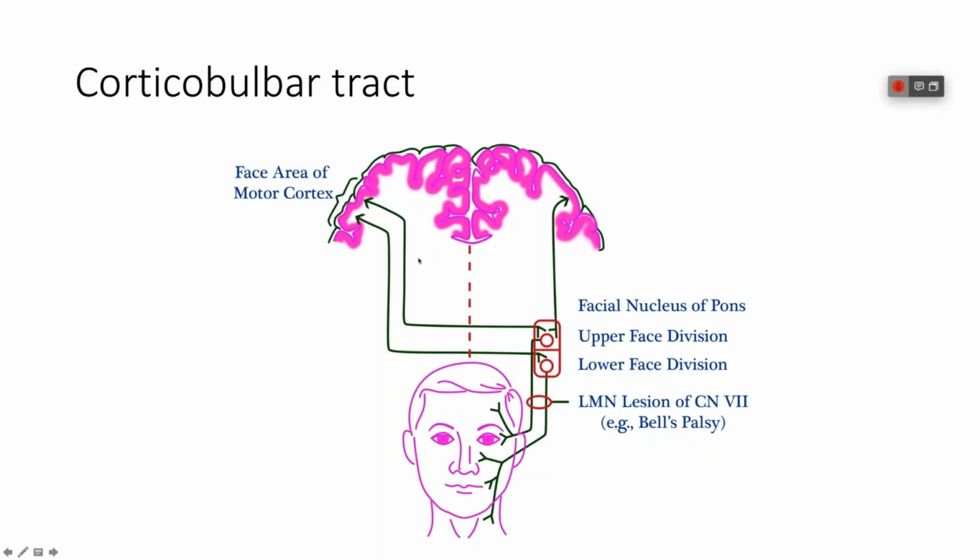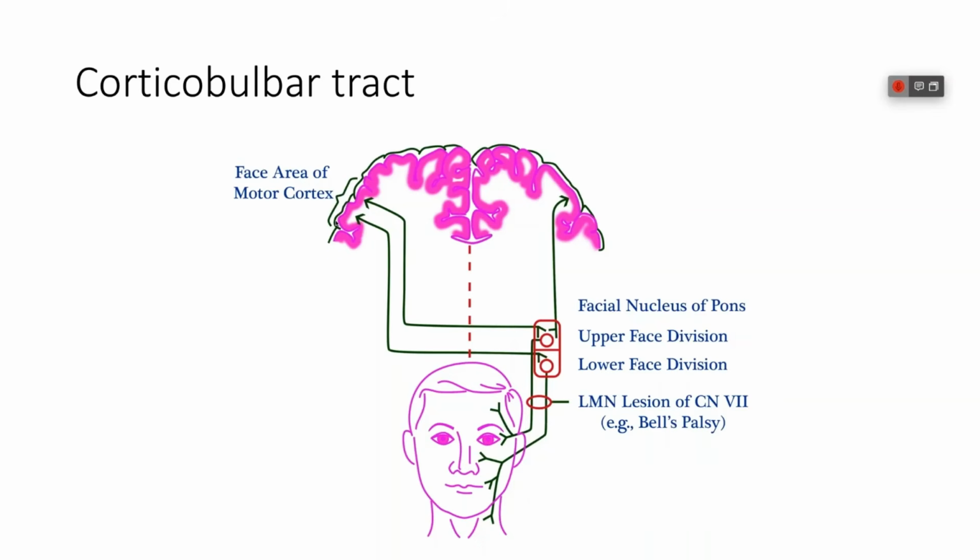Whereas for the lower part of the face, and this is going to sound really complicated, the lower motor neuron for the lower face is only innervated by the upper motor neuron contralaterally. If you followed that, you deserve a serious prize because I barely understood what I was saying.